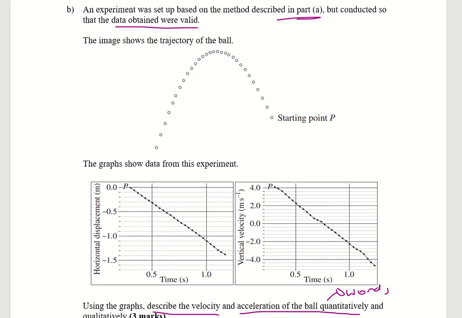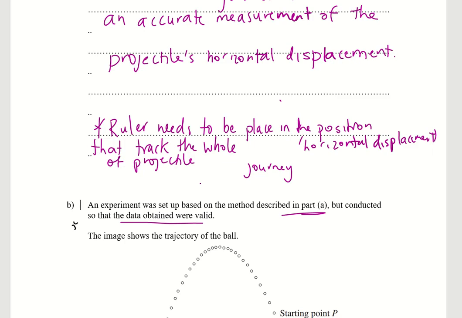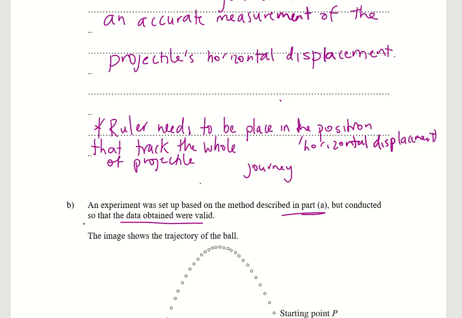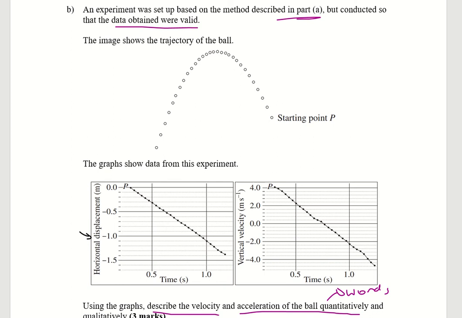The reason why I'm going to label it is that when you label the graph for the examiners, it makes it more clear for them when you reference the abbreviations. Next one we have is the vertical velocity, so we'll just call that Vy.